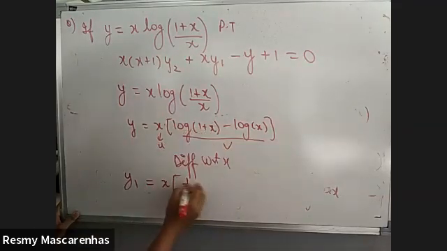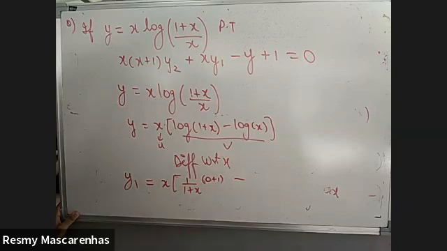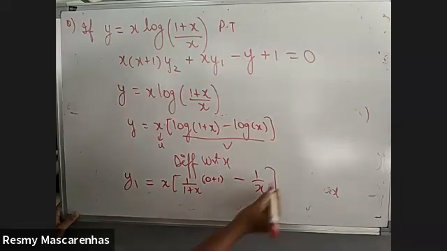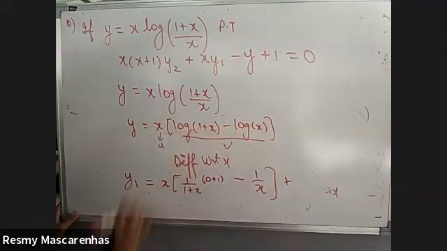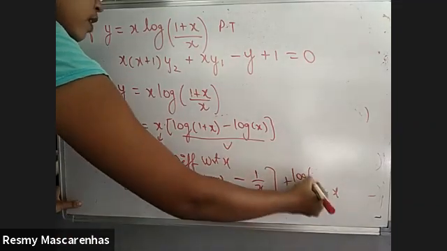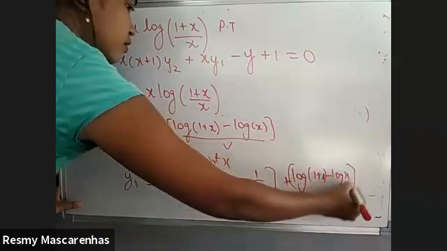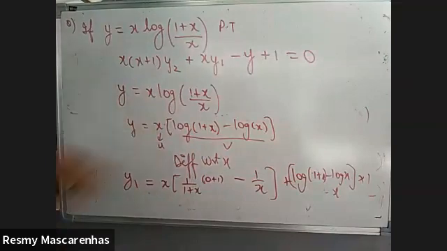Log of something will be 1 upon (1 plus x) into derivative of (1 plus x), so anyways it will be 0 plus 1, minus log of x, whose derivative straight away is 1 by x. Then plus v into derivative of u. So this will be log of (1 plus x) minus log x into derivative of x, which is 1.